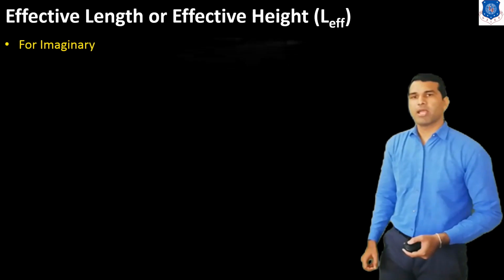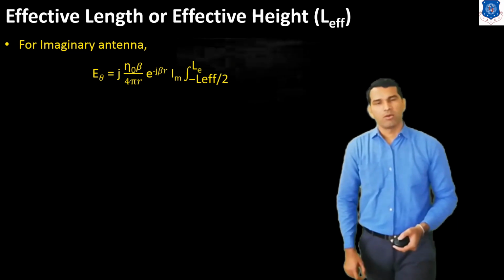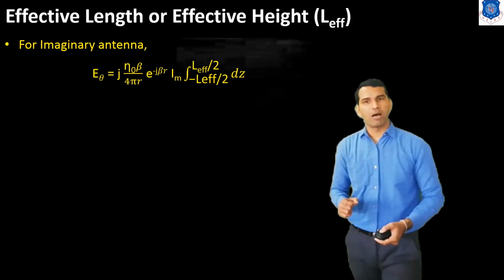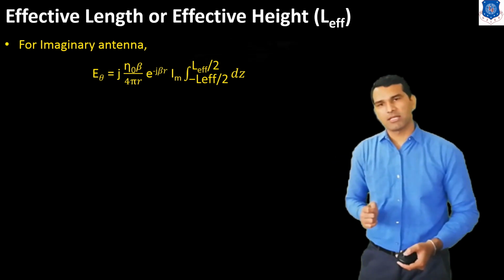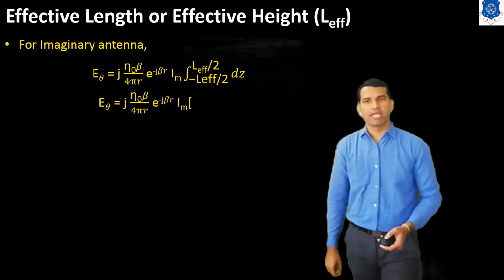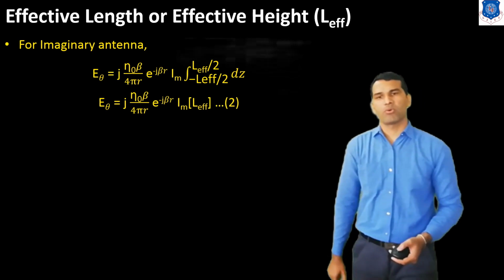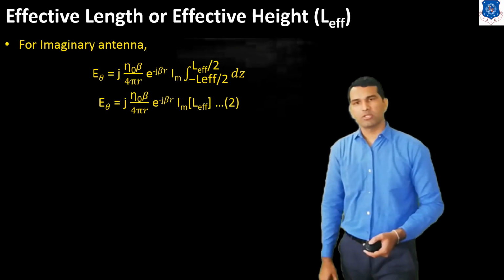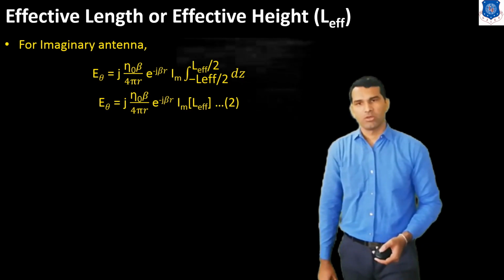Now for the imaginary antenna, E theta equals j eta 0 beta upon 4 pi r, e raised to minus j beta r, Im, times the integration from minus L effective by 2 to L effective by 2 of dz. When we solve this integration, we get L effective.